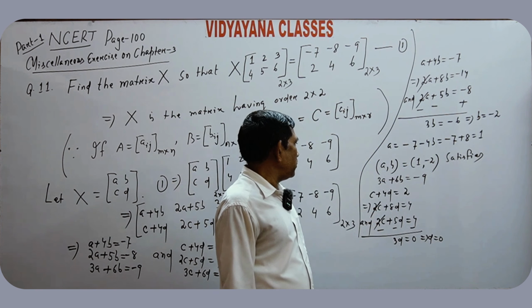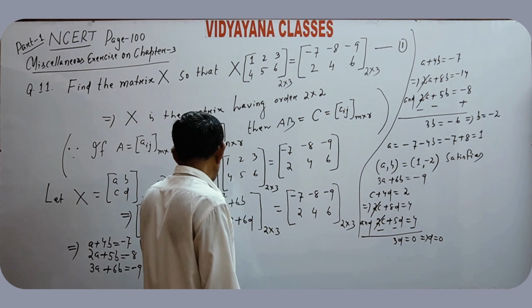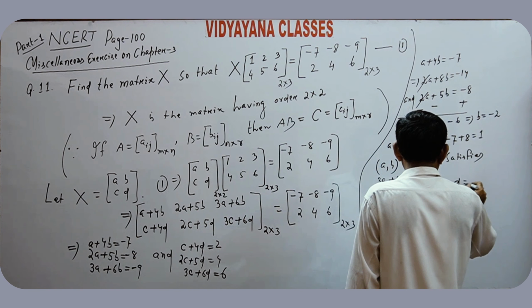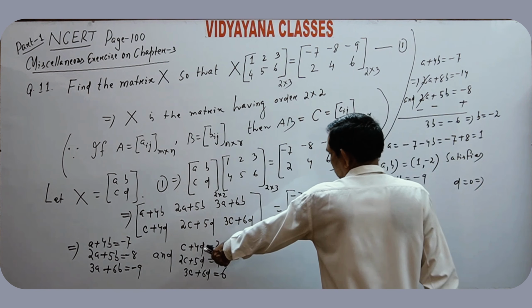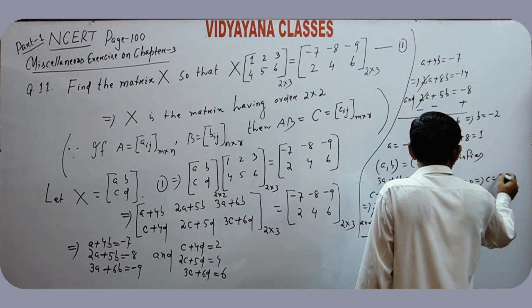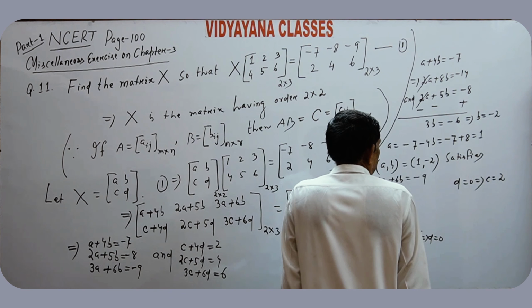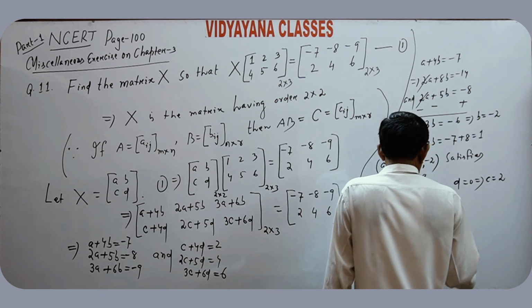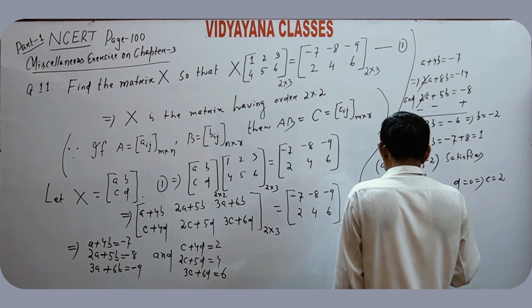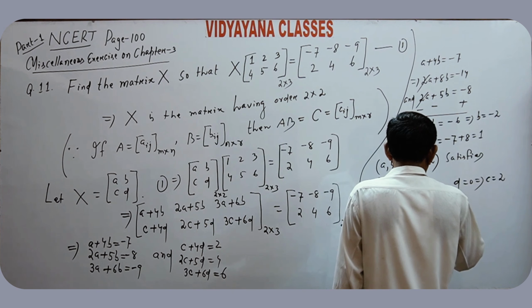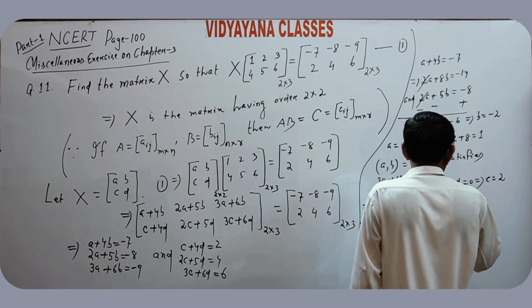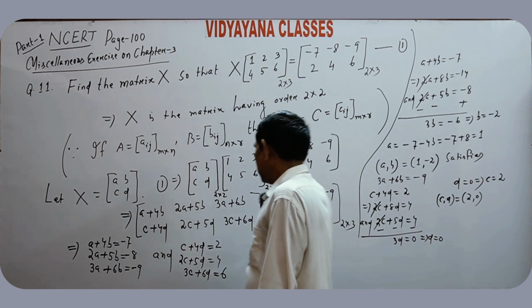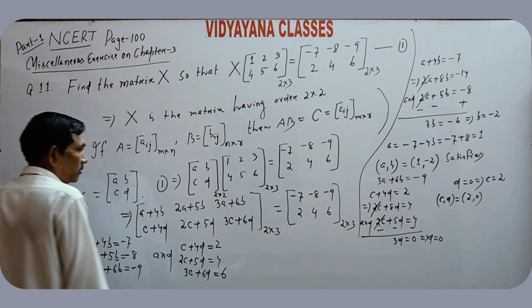For D equal to 0, C plus 4D is equal to 2 implies C is equal to 2. Clear? C, D is equal to 2, 0. Does it satisfy the third equation or not?